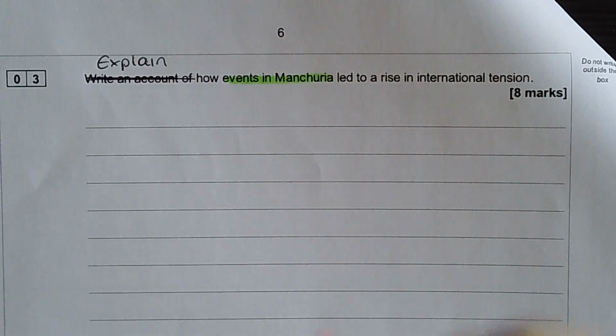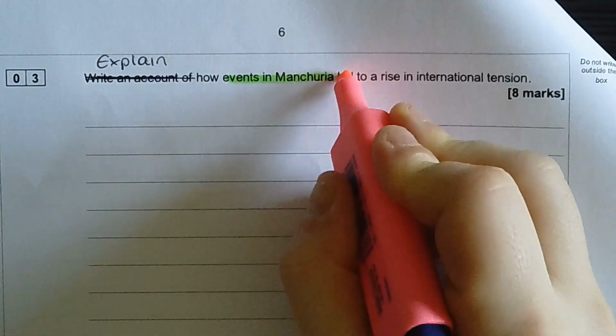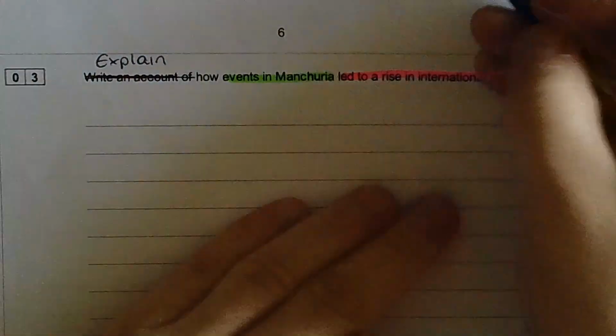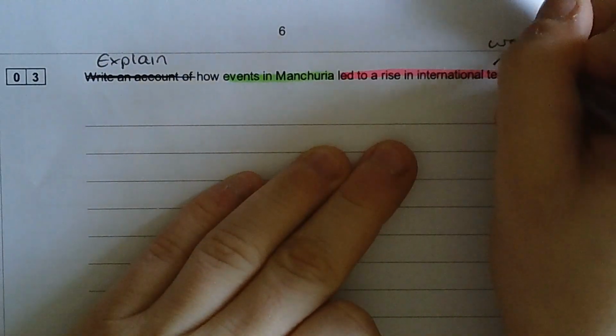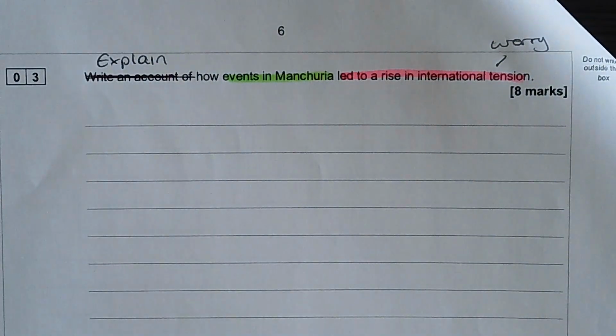It's asking me about how this led to a rise in international tension. And really it's that word tension that's important. I know that tension is a time of worry, stress, and international, bringing in nations from across the world. So how did it lead to tension? That's the main part of the question.